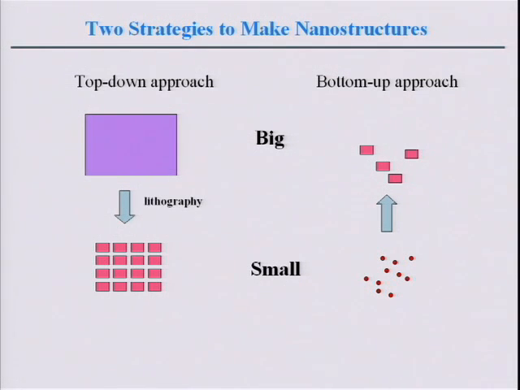The second approach is the so-called bottom-up approach. You use molecular precursors, starting from molecules, and then you do chemical synthesis. These precursors start to nucleate and grow into a nanometer-scale object. These two philosophies represent different ways of doing almost the same thing.